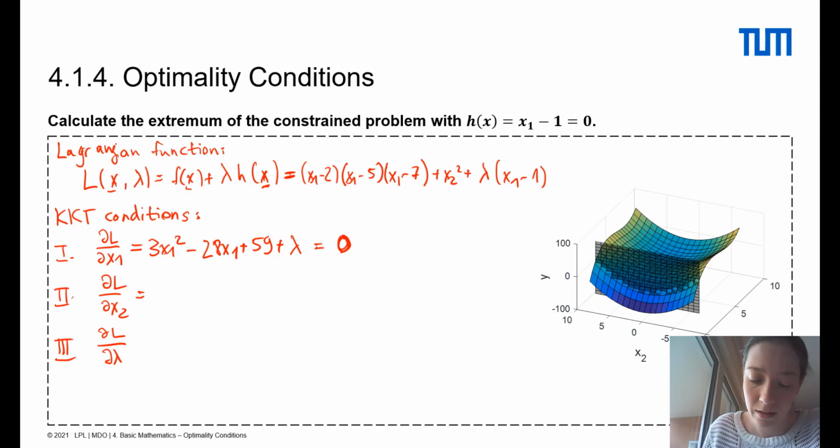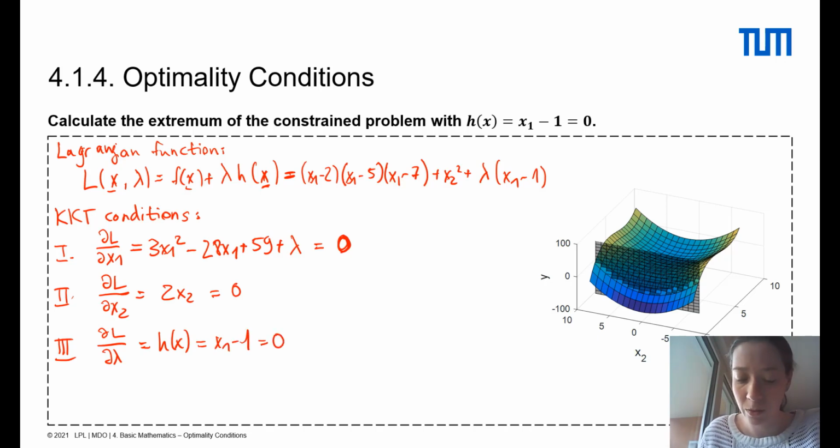And dL over dx2 is still only 2x2, and that has to be 0 as well. And dL over d lambda is just the equality constraint, so x1 minus 1, and that has to be 0 as well. Now we got 3 equations for our 3 unknown variables.